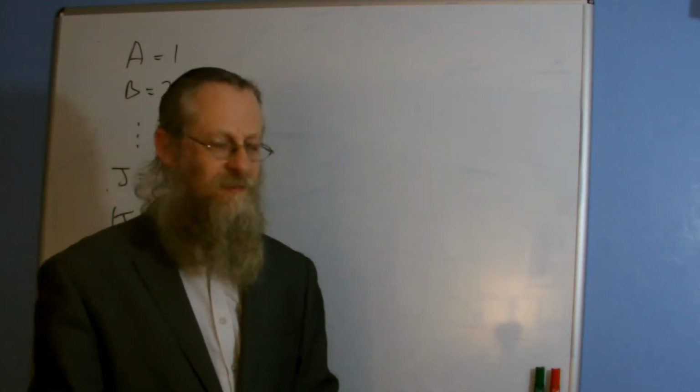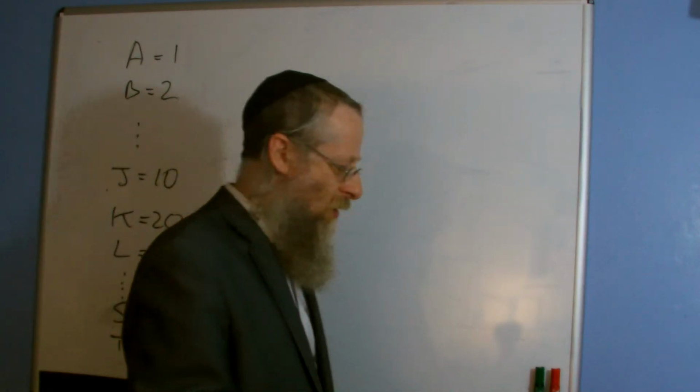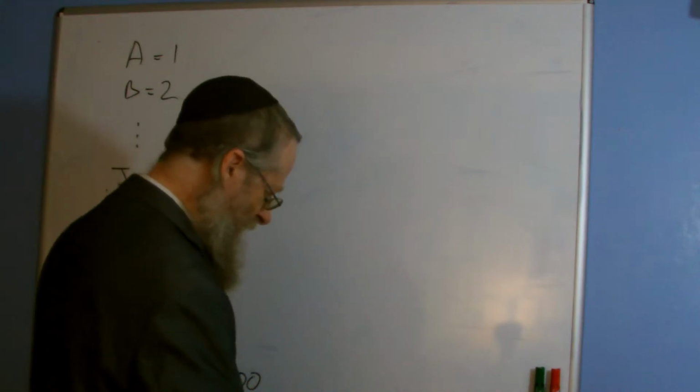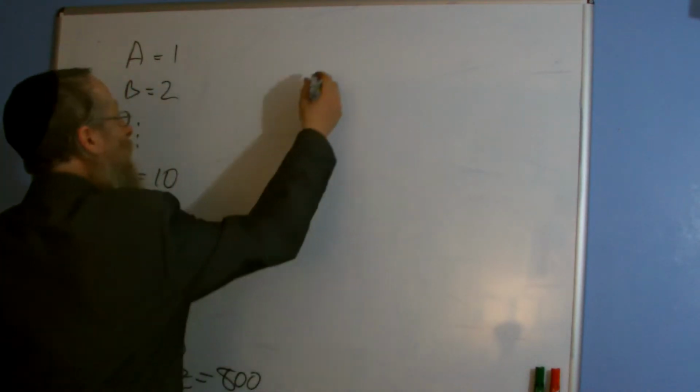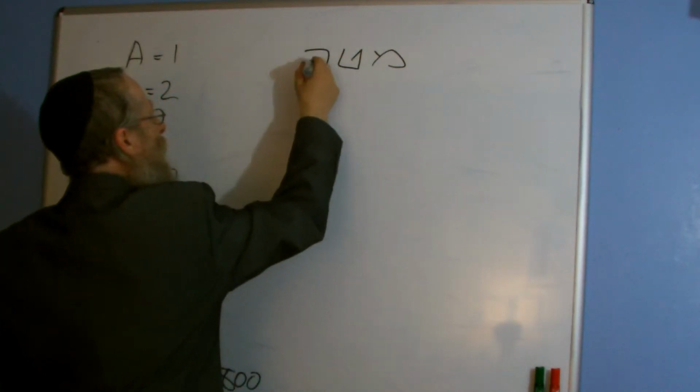How does it do that? So let's look at the inner energy connection. We'll look at the Hebrew for his staff. His staff is called a mateh. In Hebrew it's spelled mem, tet, hey.